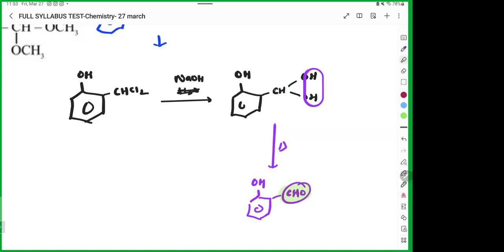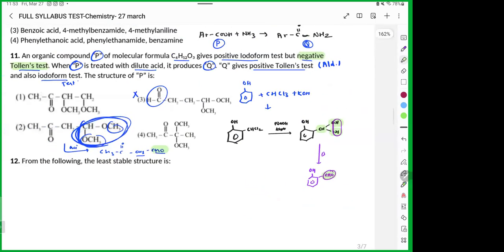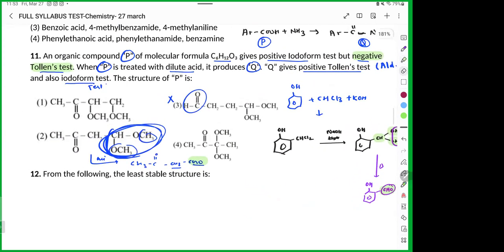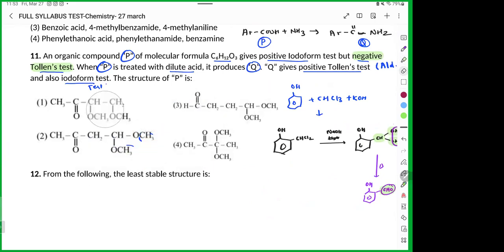It was produced when the same carbon on the tip had two OH. Almost the same situation you have in the second option. The terminal carbon has two.